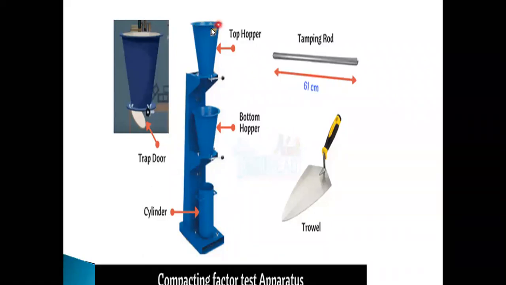This is the upper hopper, or top hopper, in which we have to place the concrete up to the top surface or brim level, and level it. This is the first step.